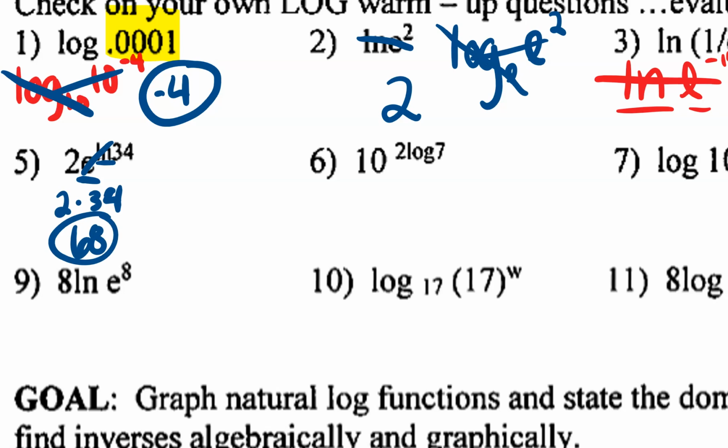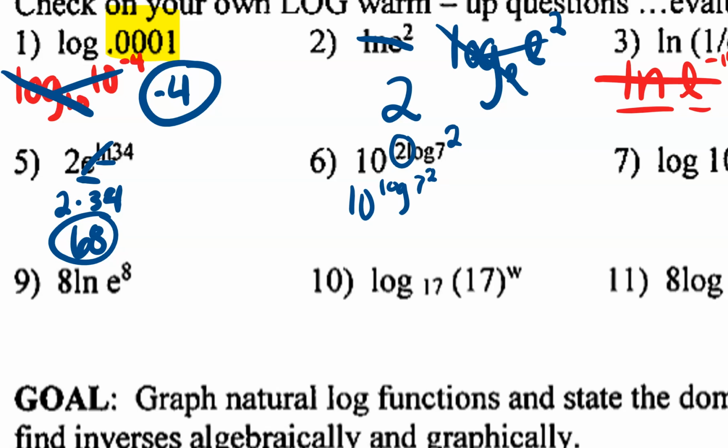The next one, what I would do first is, and we'll do more of this when we do expanding, the rule is that you can bring the coefficient up as an exponent. So this is now 10 to the power of log base 10 of 7 squared.